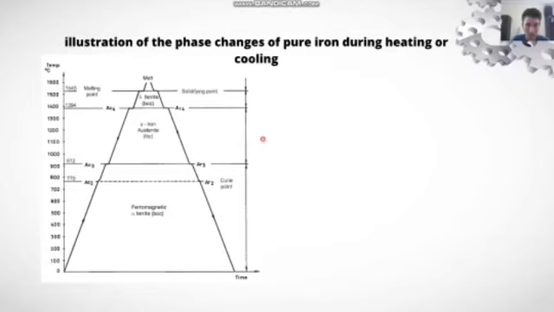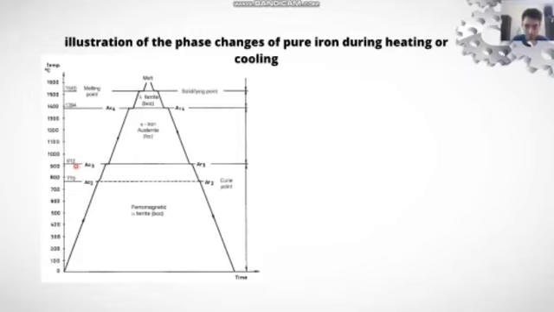Further cooling of the gamma FCC iron continues at a uniform rate until the temperature reaches 912 degrees Celsius. This is the transformation temperature when gamma iron begins the transformation into a non-magnetic form of iron with a BCC crystal lattice.